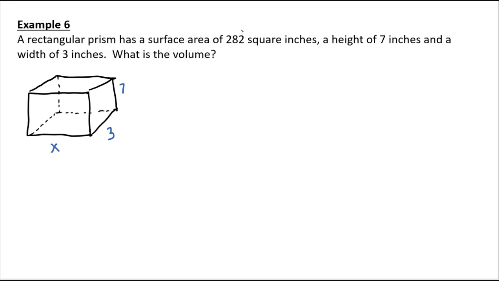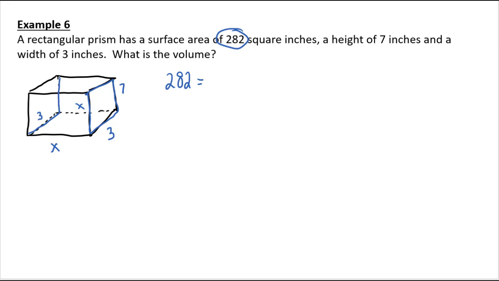Okay. They tell me I have a surface area of 282. So let's look at getting the surface area. This is x. This is 3. How I'm going to look at this, quite honestly, is like I have a bunch of different rectangles. This rectangle here, that area is 21.